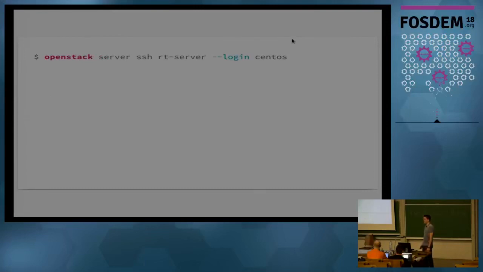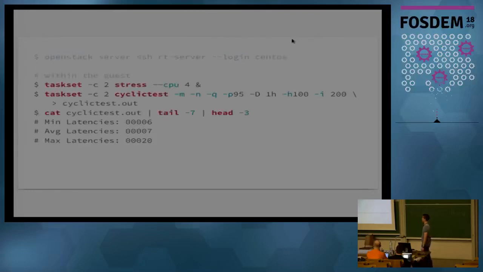Because we created the server, if we log into that server, you can use an application called cyclictest, which will evaluate the real-time readiness of your system. That'll give you a measurement of your latencies. From what I've been told, you want to be looking for something below 20 microseconds of latency on average.